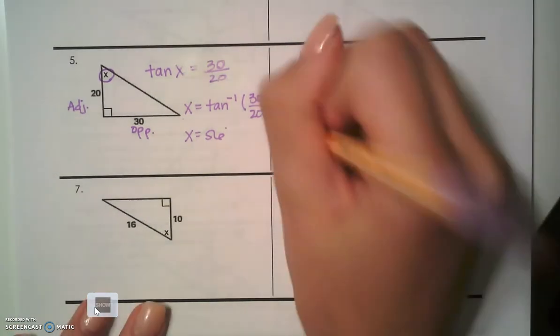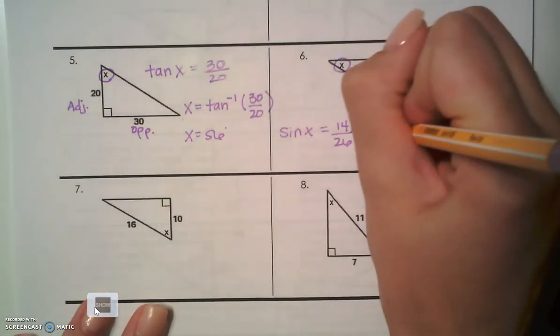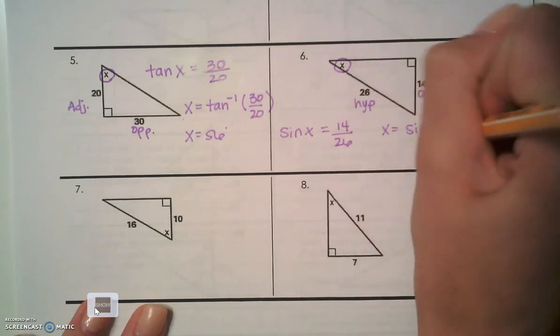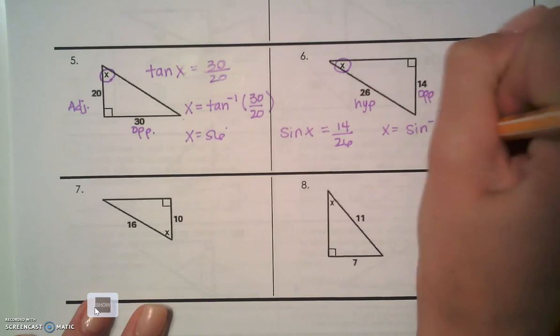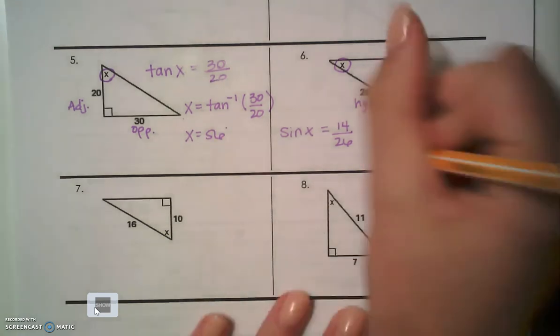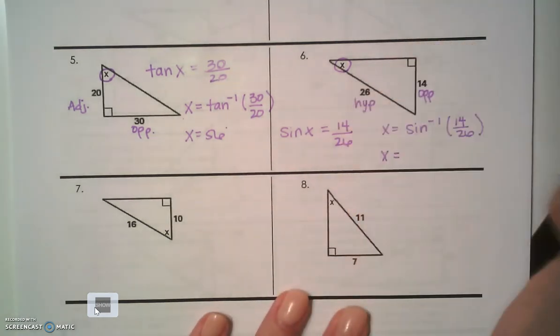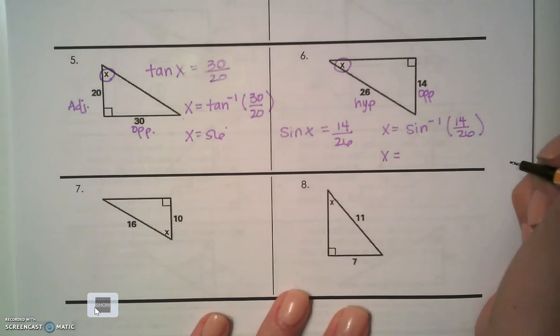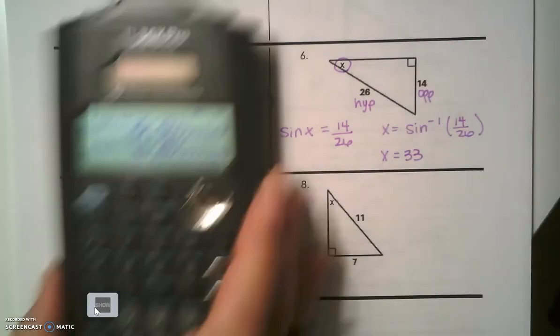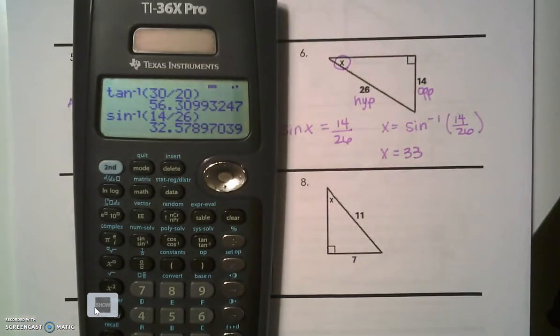So to find that degree measure, we're going to use that inverse sine function, 14 over 26. And I get that x is, if I round to the nearest degree, 33, because in my calculator, I get 32.57. Round it to the nearest degree, that's 33 degrees.